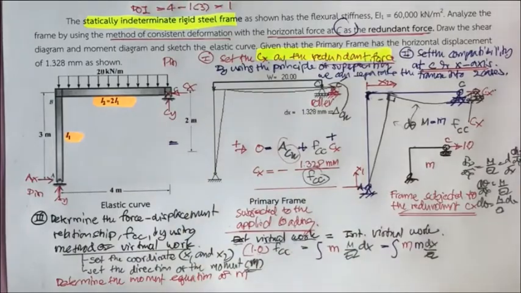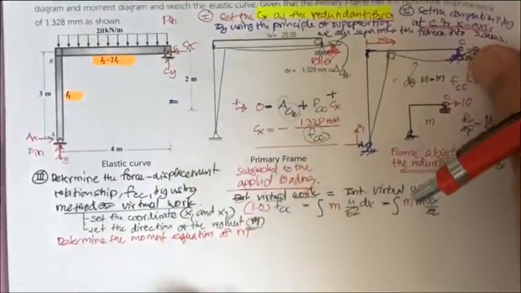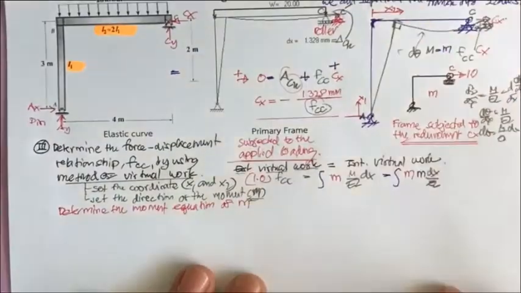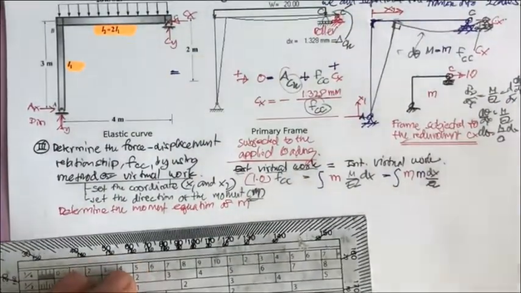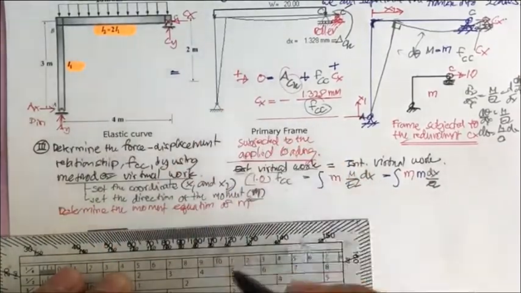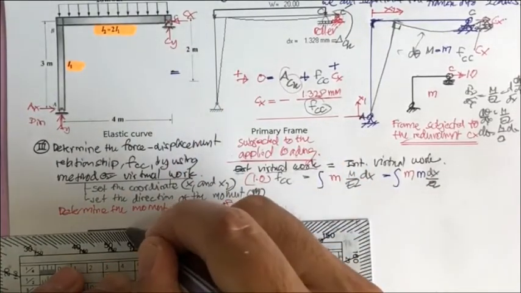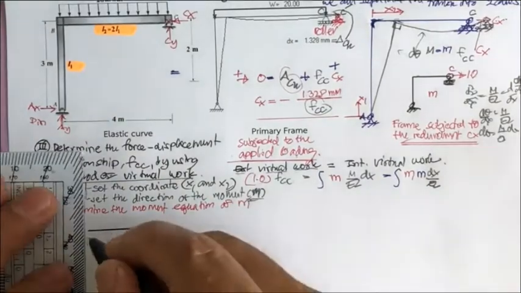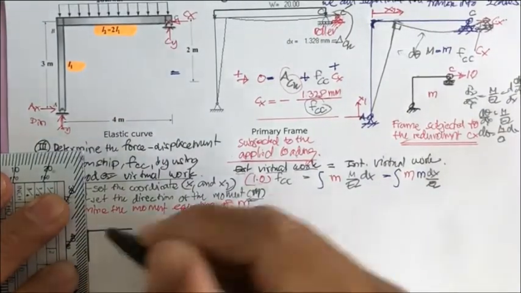Before we can do other things, we need to move this one a little bit, and then we set up this frame as 4 meter and 3 meter. So this one is 4 meter and this one is 3 meter.